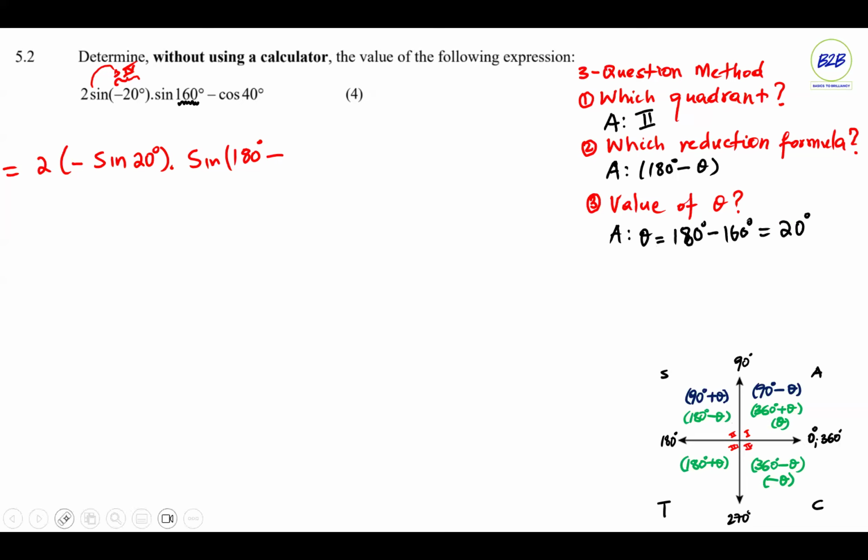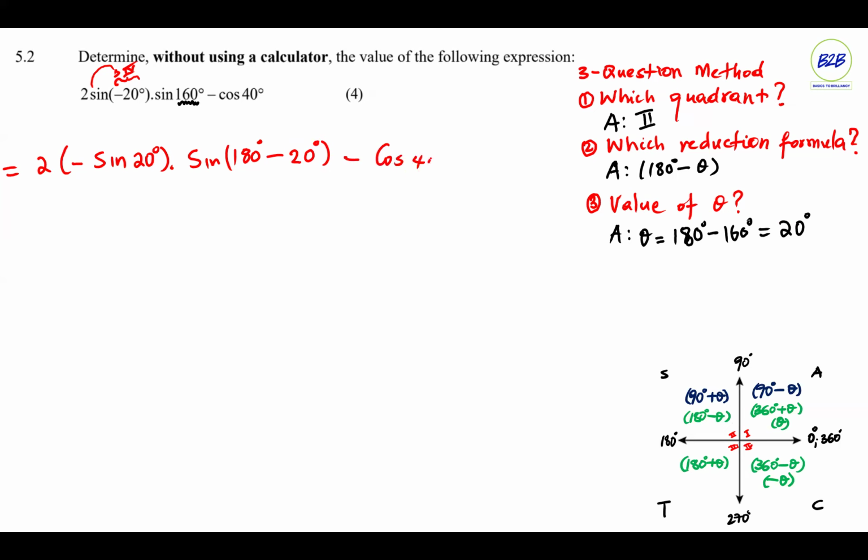We will then substitute in the place of theta by 20 degrees and then minus. At the moment, we don't know if it is wise to convert that 40 degrees. Why?